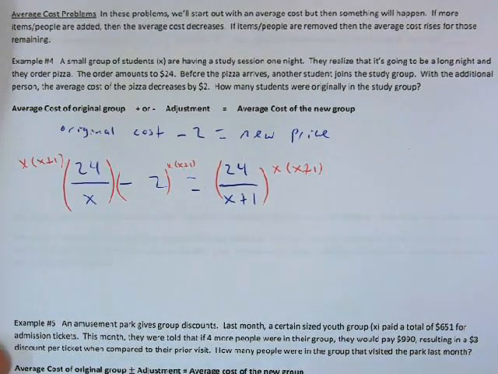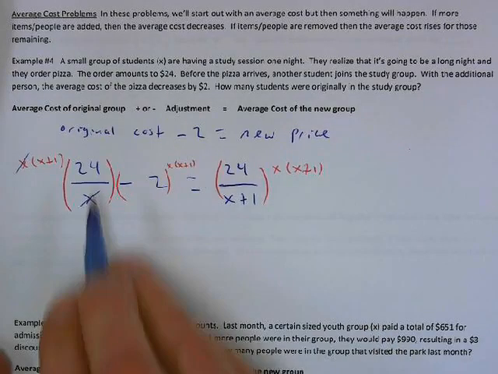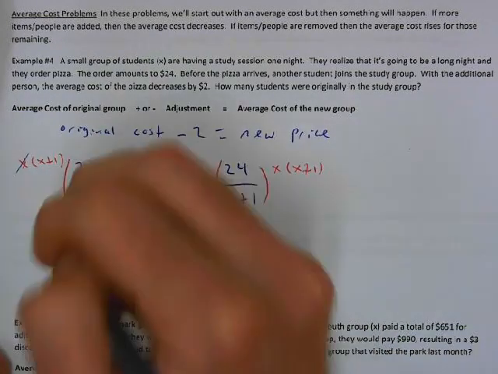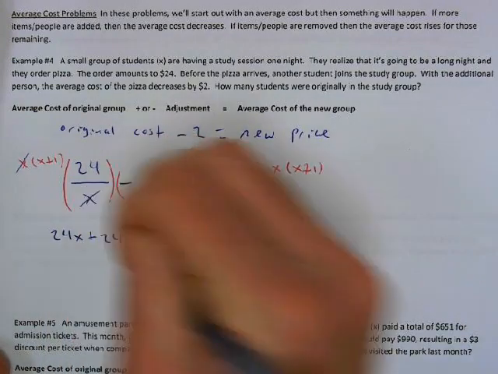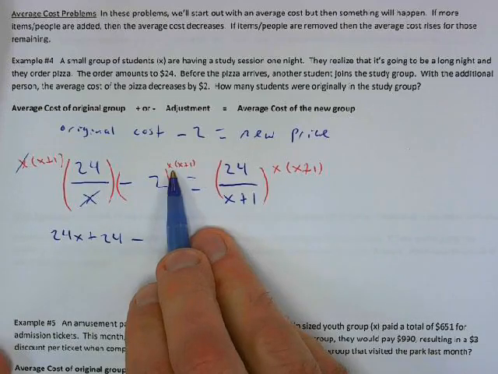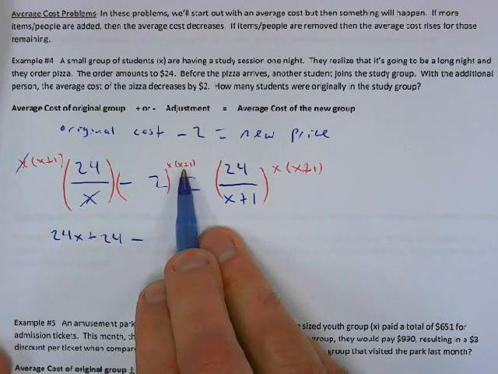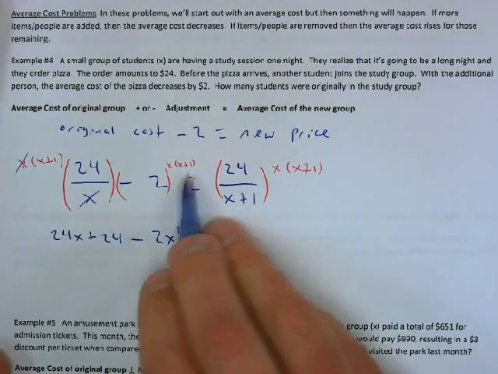Okay, and when we do that, what are we going to be left with? Well, here the X's are going to reduce, and I get 24 times X plus 1, which is 24X plus 24. And then minus, I've got negative 2 times X, which is negative 2X, times X plus 1, which is negative 2X squared, minus 2X.